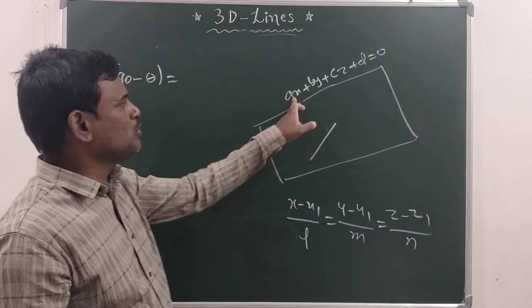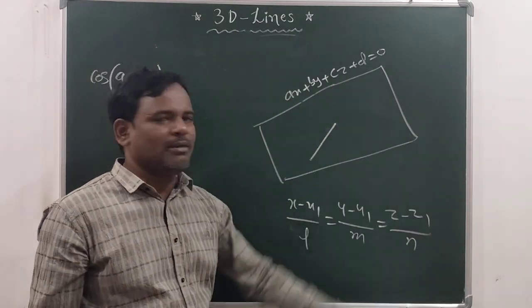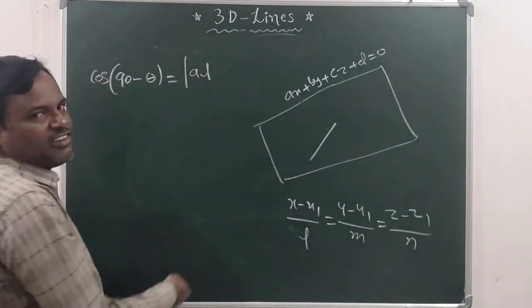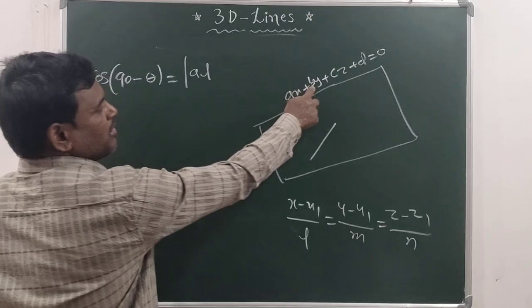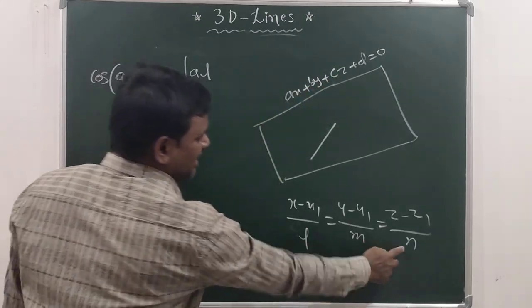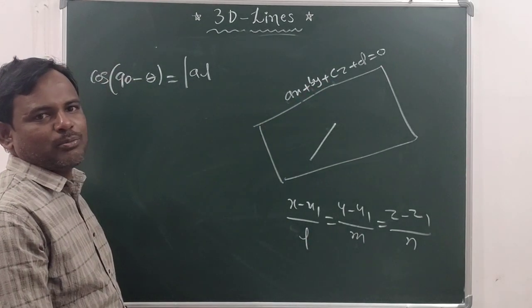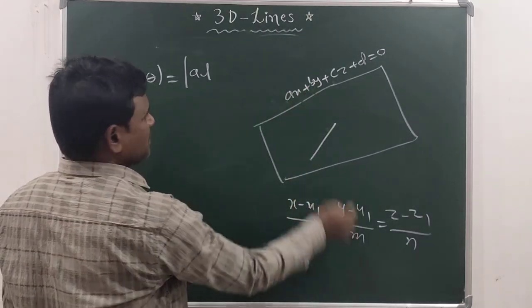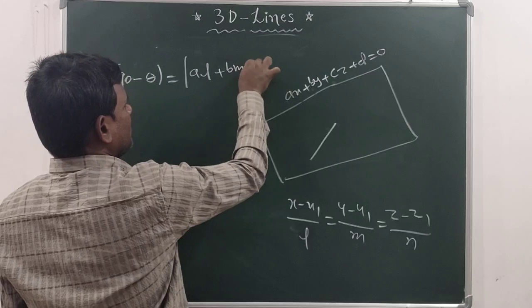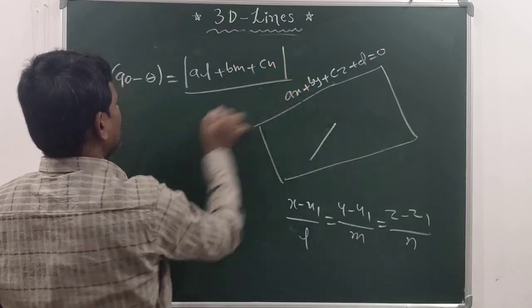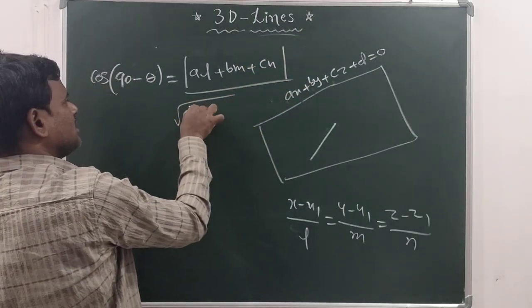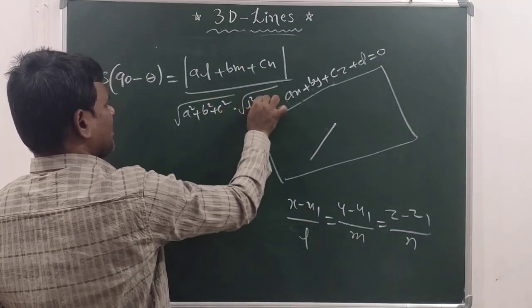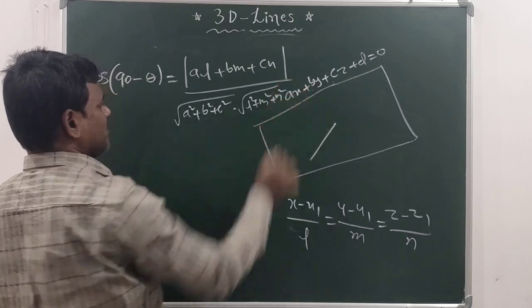Okay? So here whose DRs are a, b, c, whose DRs are l, m, n. Now apply the previous formula, because the normal DRs are a, b, c and the line DRs are l, m, n, same as A1 A2 plus B1 B2 plus C1 C2. Apply the same formula for this. Here al plus bm plus cn by root of a square plus b square plus c square into root of l square plus m square plus n square.